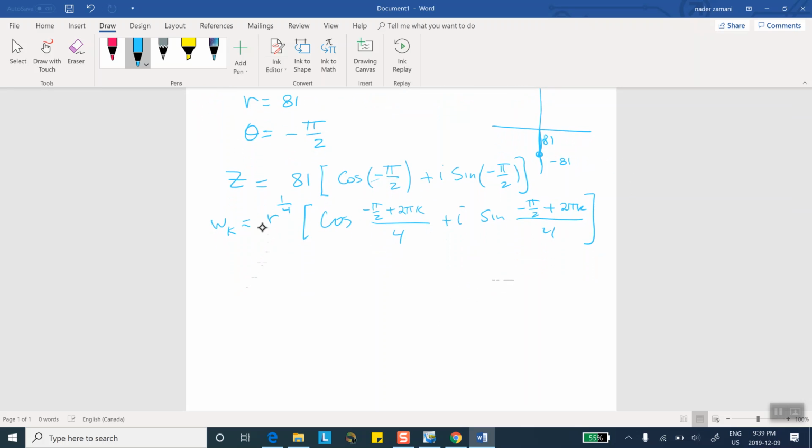Okay, so k equal to 0, we get W0 equal to 81 to the 1/4, which incidentally is 3, but that's okay. So cosine of, when k is 0, this goes away, so we got cosine of minus pi over 8.